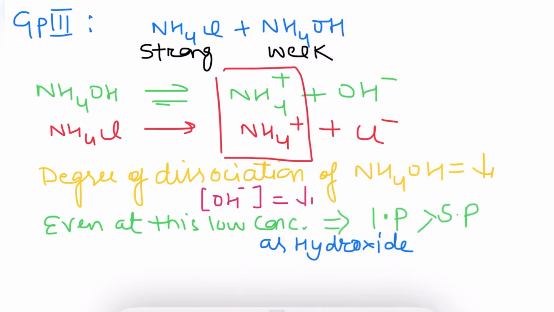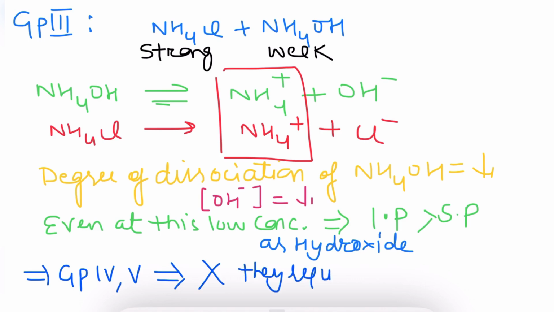Other group members like group 4, 5 do not form a precipitate here because they require a large concentration of hydroxide ion.